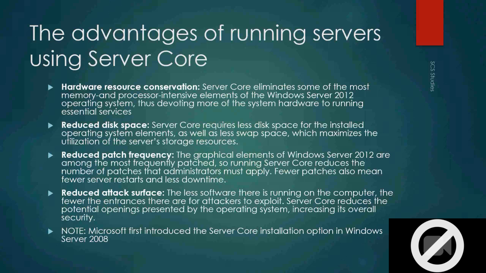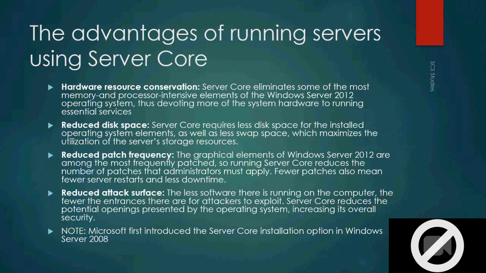That means instead of wasting the RAM and the processor capacity on the GUI, we can use server core to utilize its maximum to serve the essential services installed in the server core edition. This is the first important point why we are going to use server core. The first thing is hardware resource. Okay. The second thing is reduced disk space.